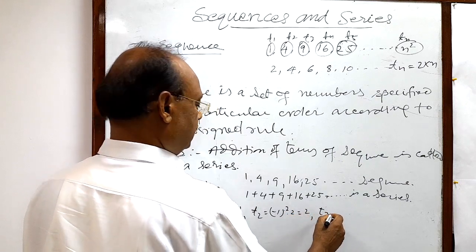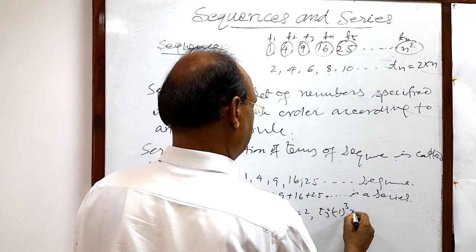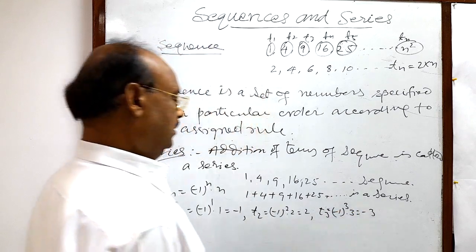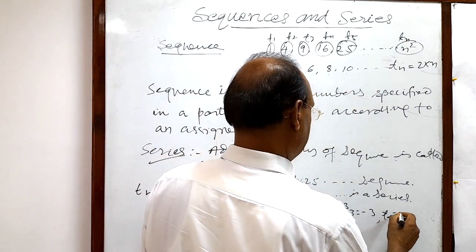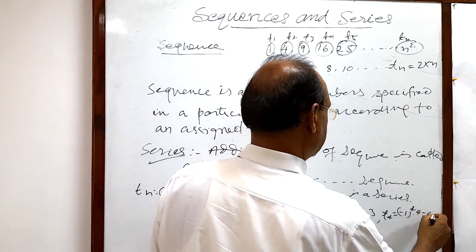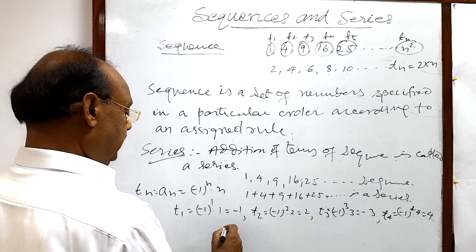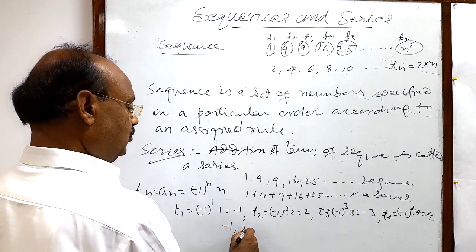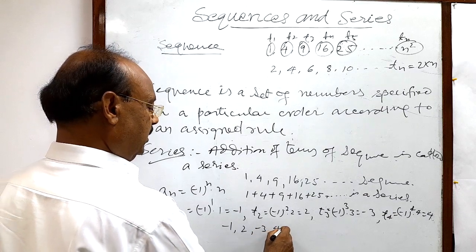The third term is minus 1 to the power 3 into 3, which is minus 3. Similarly, the fourth term is minus 1 to the power 4 into 4, which is equal to 4. So the sequence we get in this case is minus 1, 2, minus 3, 4, and so on.